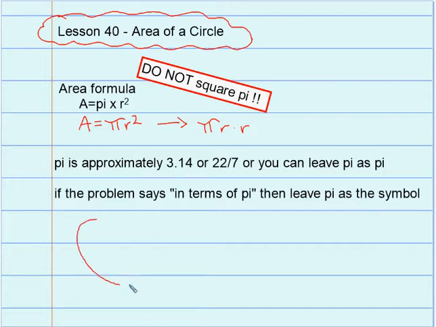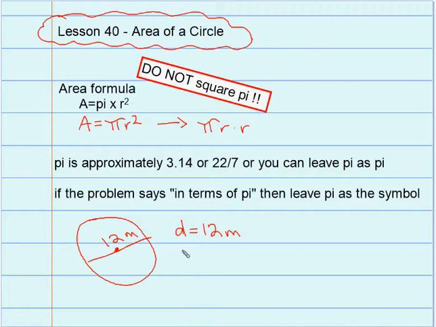So if we have a circle, that's a sad looking circle, with a diameter of 12, and we want to find the area of that circle. First, I told you that the diameter equals 12. Let's call these meters. But in my formula, I need radius.